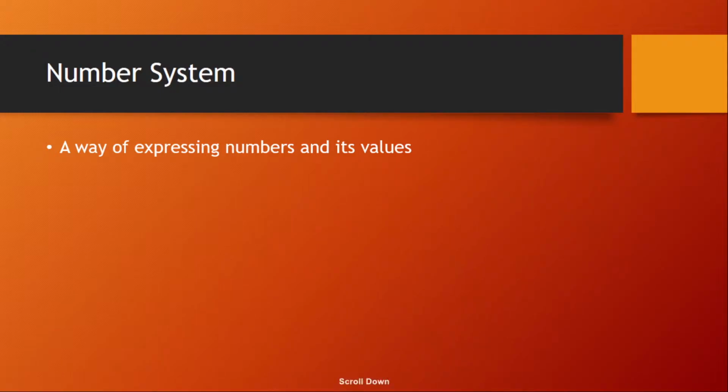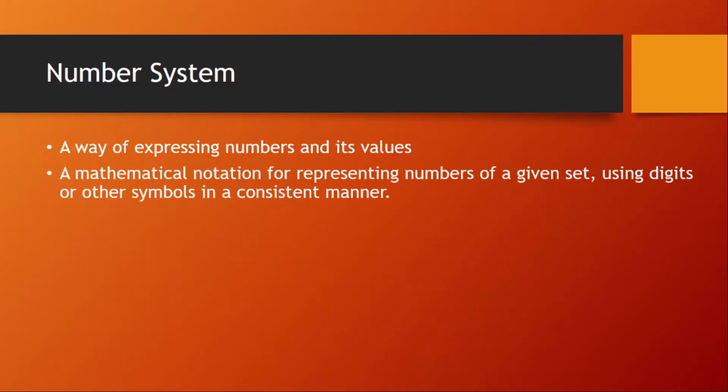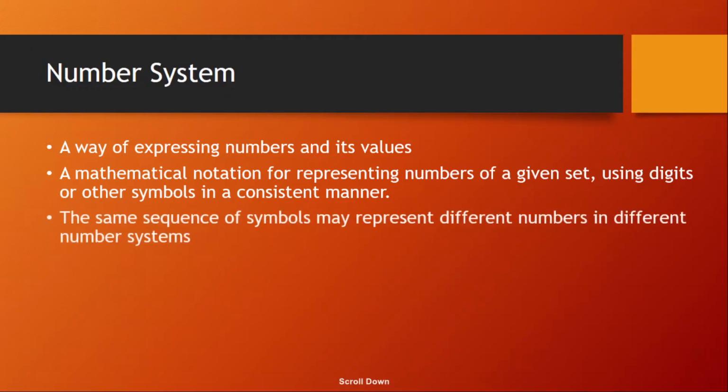So progressing further, it's a mathematical notation for representing numbers in a given set. And that set could have digits or other symbols in a consistent manner. It keeps on repeating again and again. Also, the same sequence of symbols may represent different numbers in different number systems.